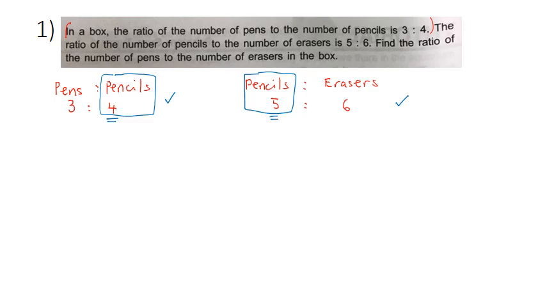How do we then make the units here the same? We have to look at the unit of 4 and the unit of 5 and see what common multiple we can change 4 and 5 into to make it common. So 4 can be 20 by multiplying it by 5, and 5 can be 20 by multiplying it by 4.